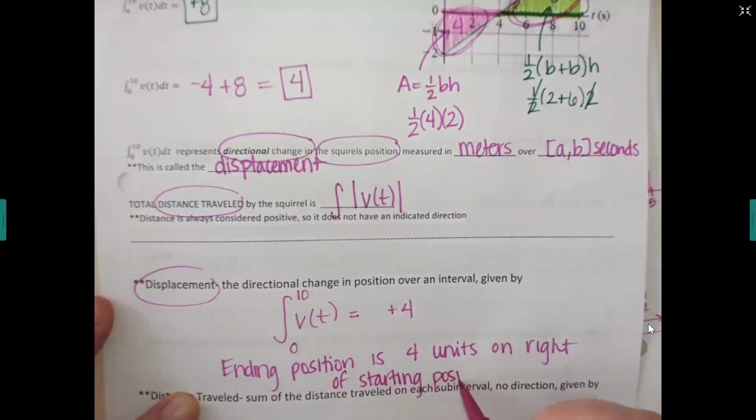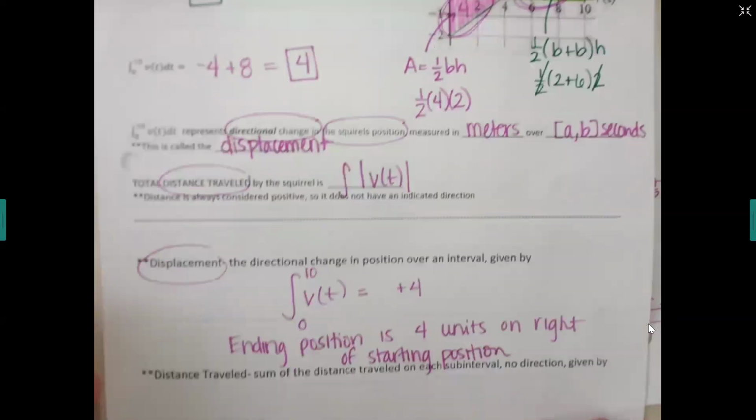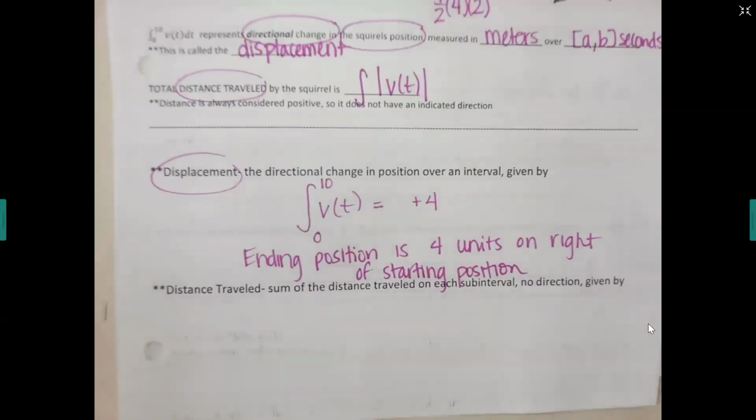Let me give you a second to write that down. So if the displacement is 4, the ending position is 4 units past the starting position.